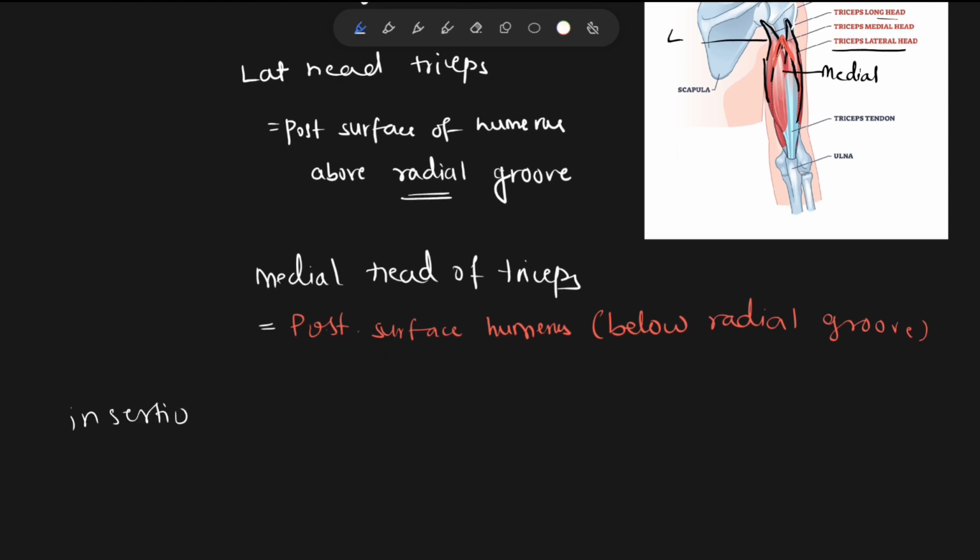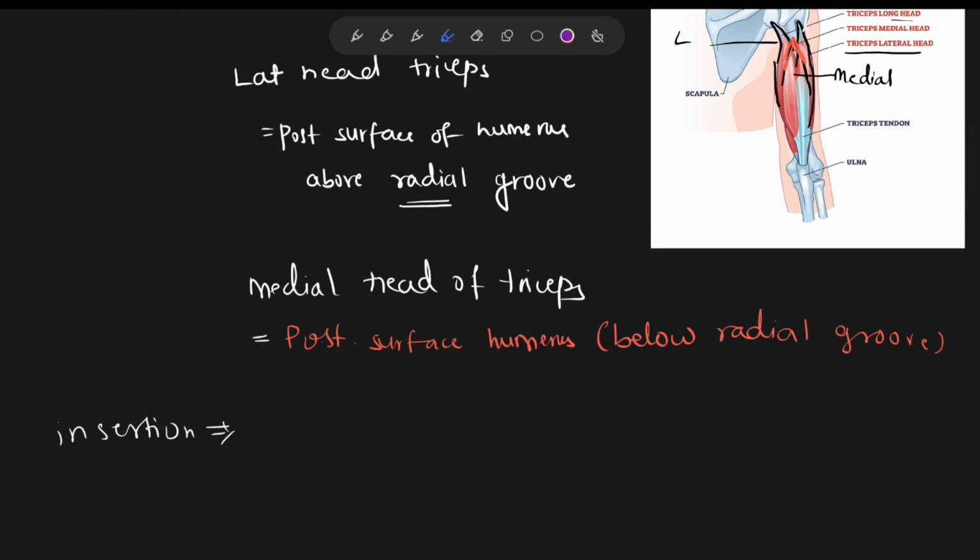In insertion, these three tendons will form a common tendon, and that will insert to the olecranon process of our ulna. So what is the insertion? All three will form a common tendon which will insert to the olecranon process of the ulna.